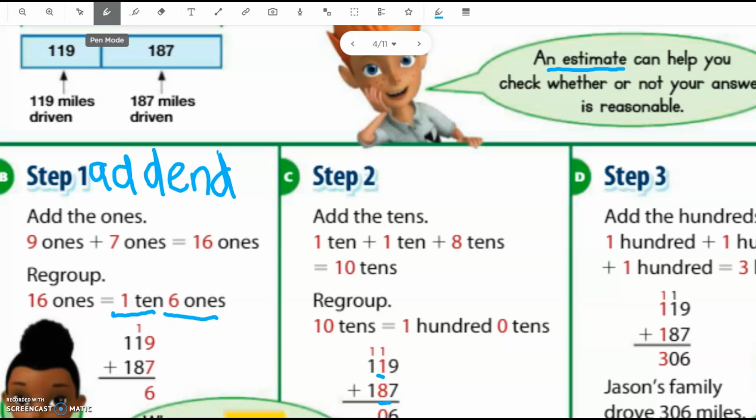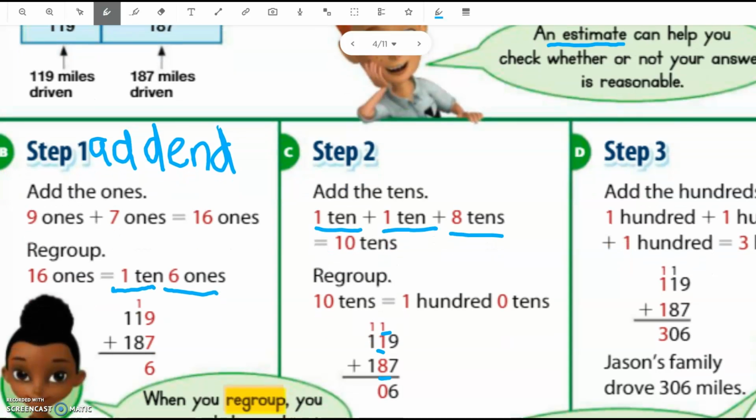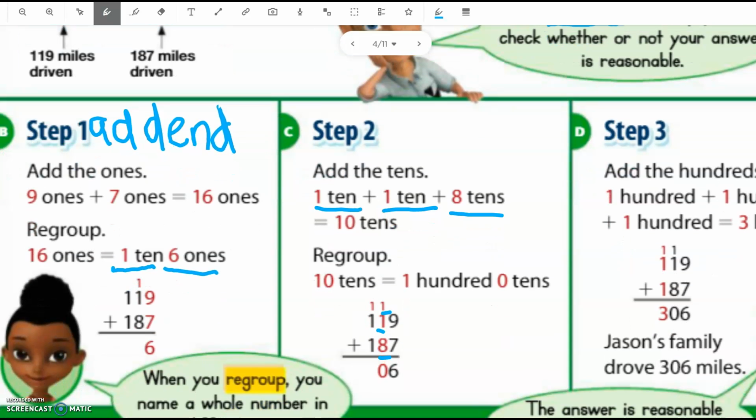So it's really 10 plus 10 plus 8 tens. And that equals 100. 1 plus 1 plus 8 equals 10. I carry the 1. That's called regrouping when I give it to the next place value. And I drop down the 0.